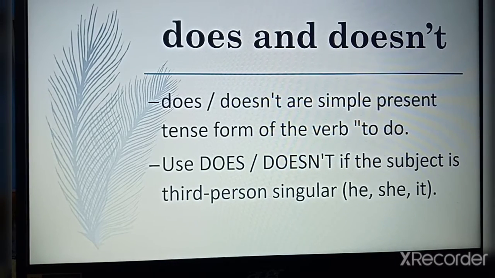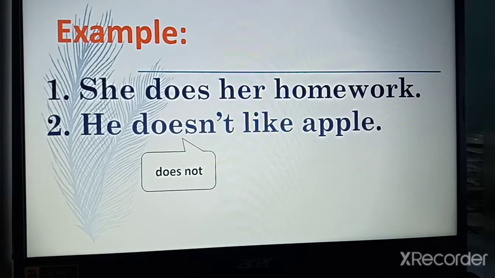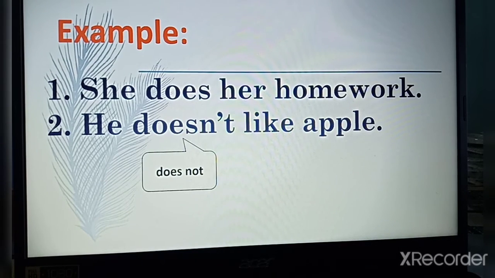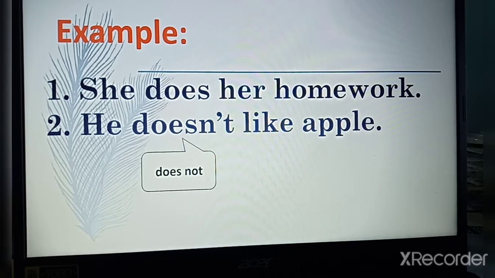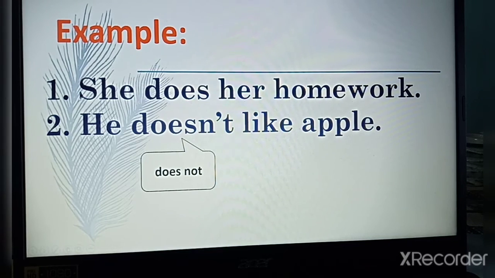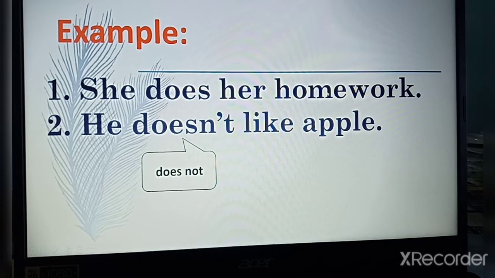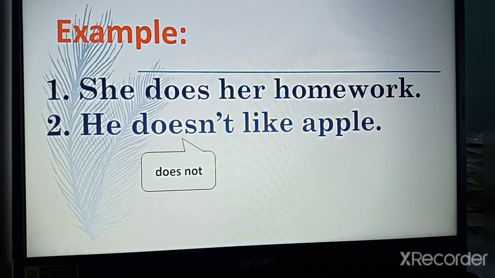Okay, let's look at the examples of does and doesn't in a sentence. Number one, she does her homework. We use does because the sentence is positive, meaning she is doing her homework.